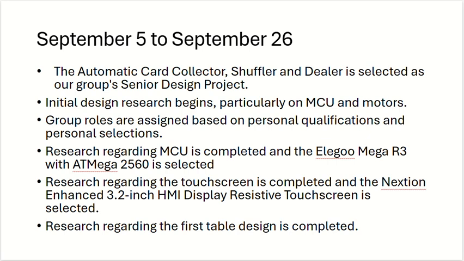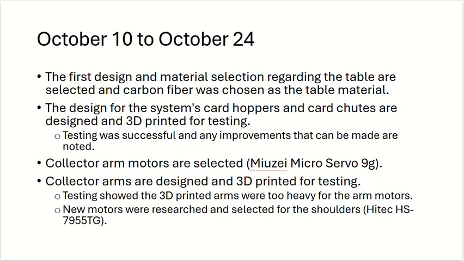Research regarding the MCU was completed around September 26th, and the Elegoo Mega R3 with the ATmega2560 was selected. Research regarding the touchscreen was completed, and we decided to use the Nexteon enhanced 3.2-inch HMI display. Research regarding the first table design was also completed during this period.